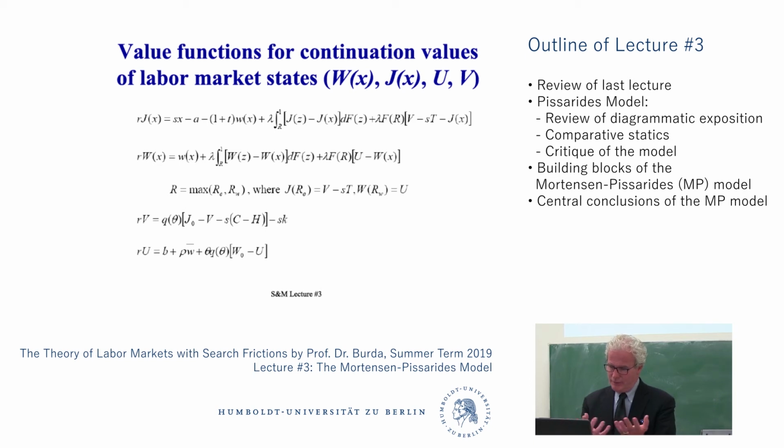Remember, the worker and the firm in a match have this value of X that they've inherited from history. They start at 1 and then things start rolling. Given that I'm working for this firm, I get W of X, and we've assumed away income taxes, so the firm pays all the taxes.